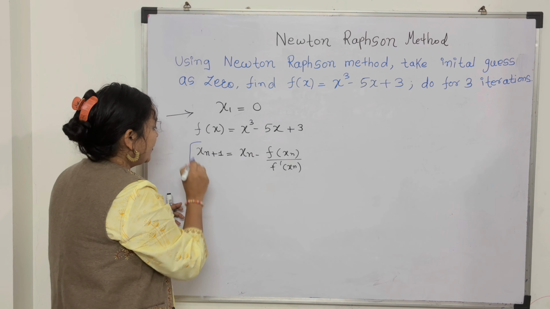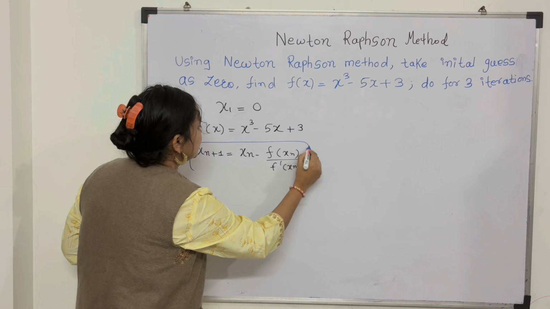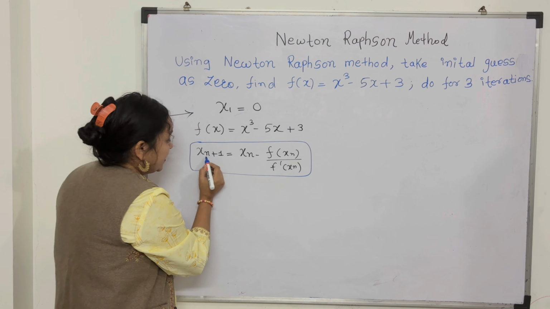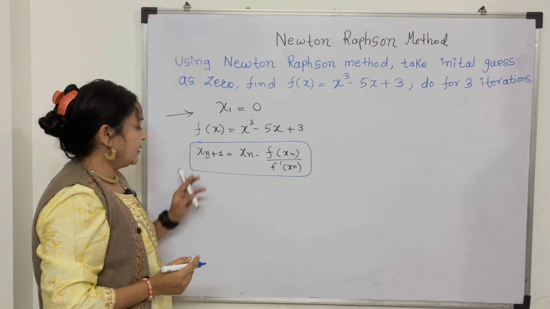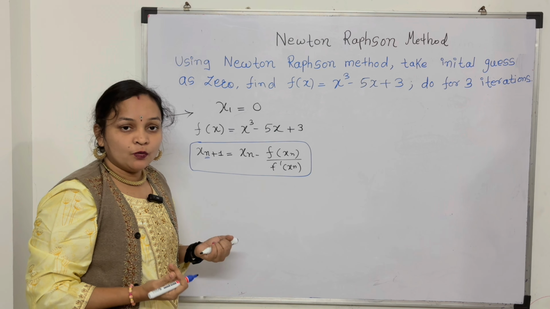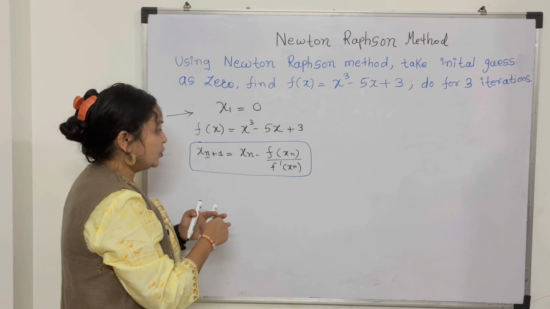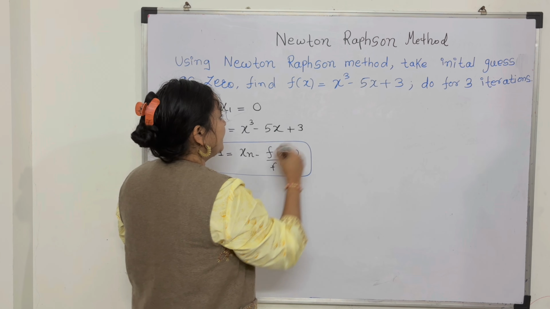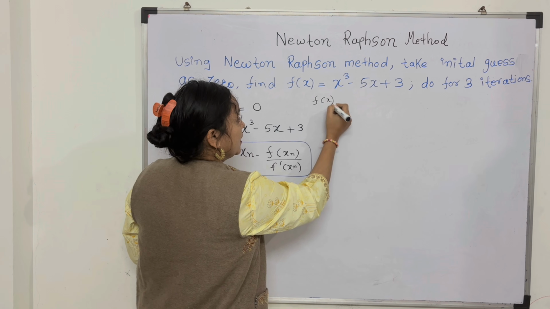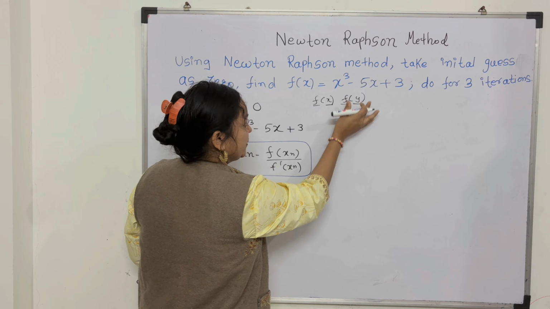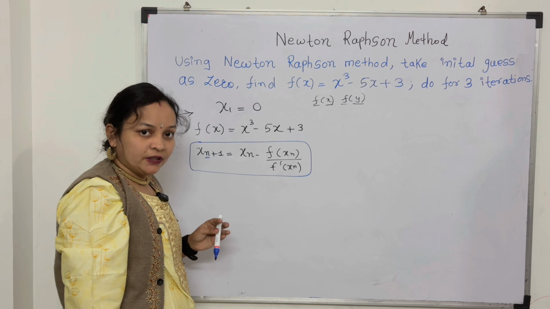This is the simplified form of the Newton-Raphson method, where x denotes whatever variable the function is given in. Sometimes you also observe f of x, f of y, meaning the function with respect to which the equations are given.